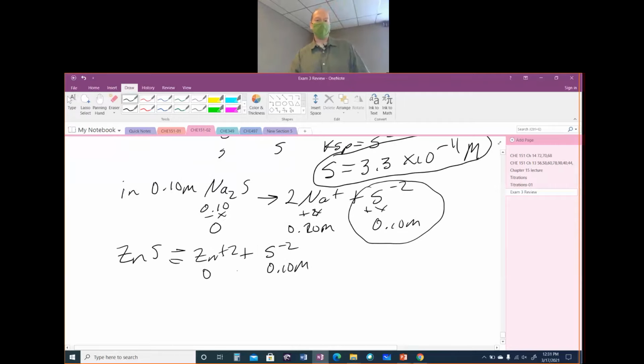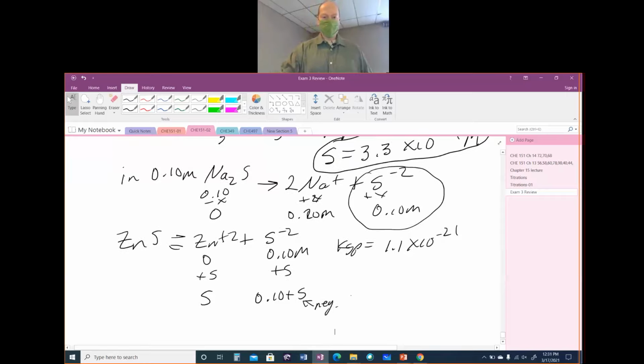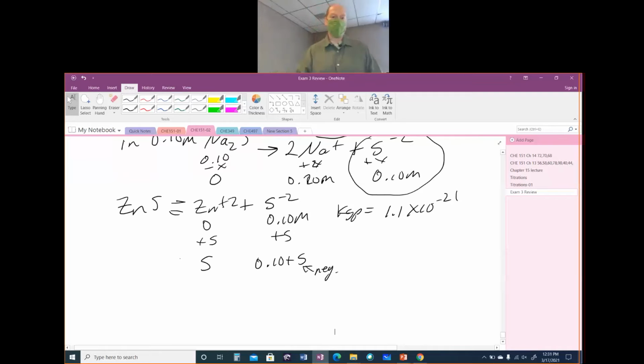All right, so it has to go to the right, plus S. You can't have a 0, plus S. And so you have S and you have 0.10 plus S, except your Ksp is 1.1 times 10 to the minus 21. That is extremely small, and you're going to neglect your plus S. That S amount is not going to change your 0.10.